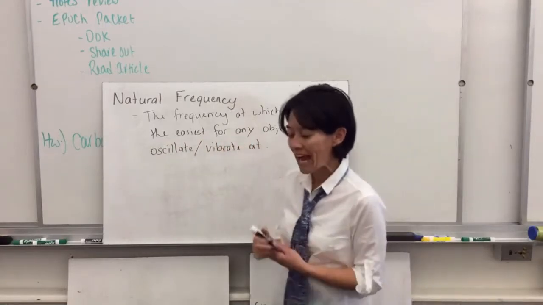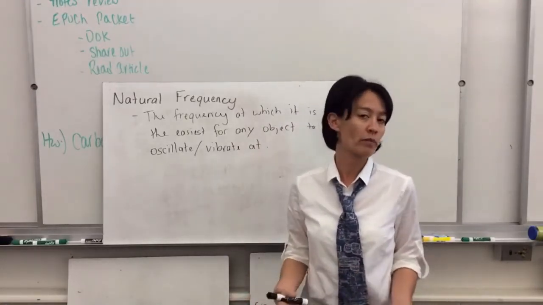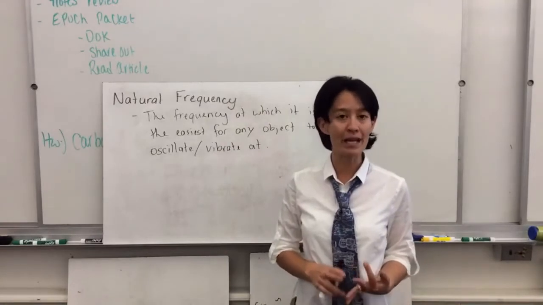So every object has a natural frequency, and that natural frequency is dependent on the boundary conditions of that material. What is it made of? How big is it? How thick is it? Etc.